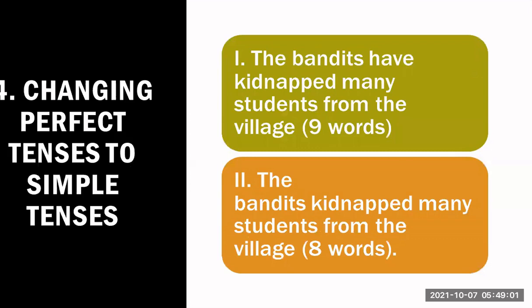And that is method number 4. Here we have changing perfect tenses to simple tenses. Of course, you can eliminate just a single word, but that's okay. All right. And then you look for any other unnecessary words if there are any.